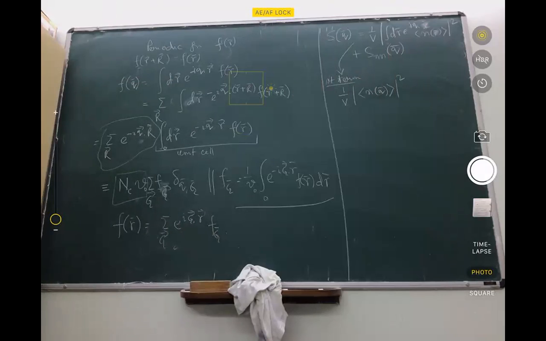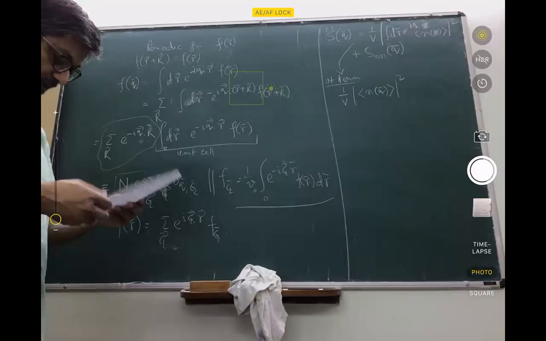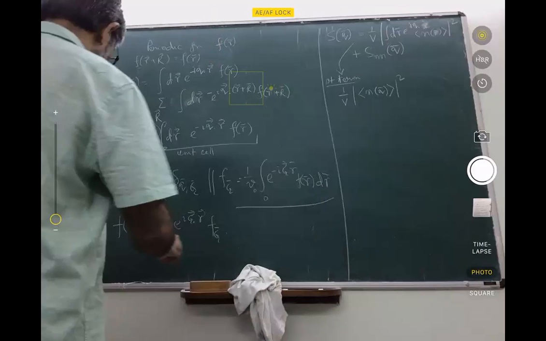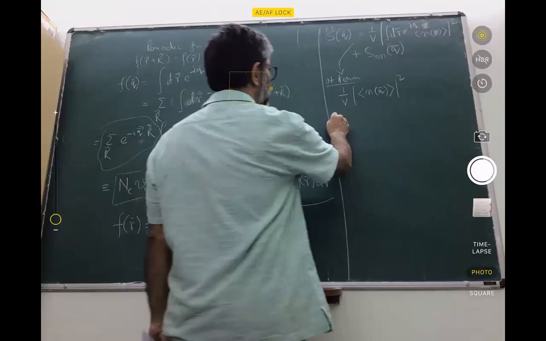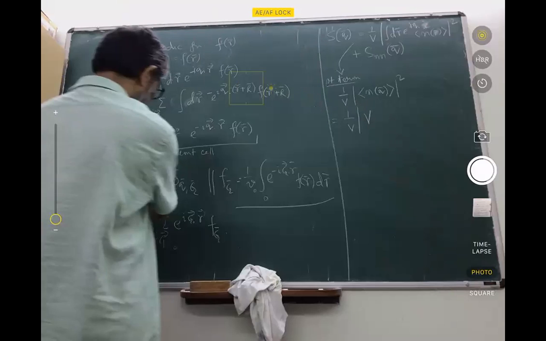And N is a periodic function because my atoms are arranged periodically in my crystal. So therefore, N of Q would be non-zero only when Q is one of the reciprocal lattice vectors. So this would be, I'm using this thing here.